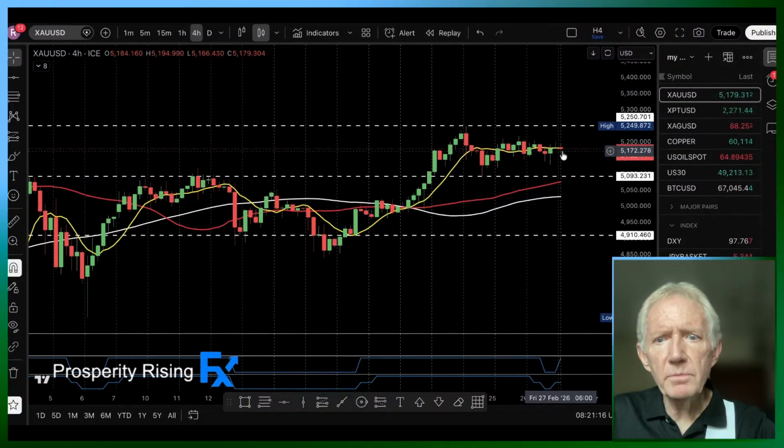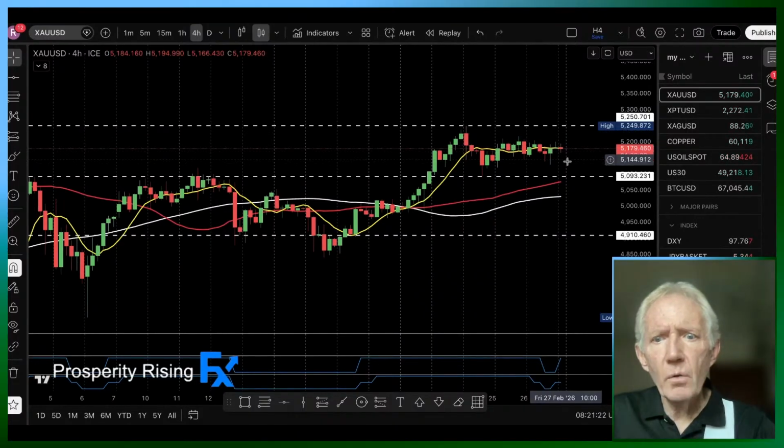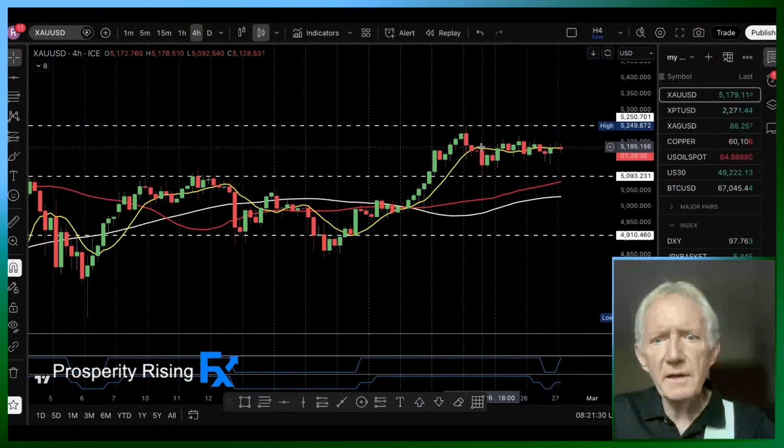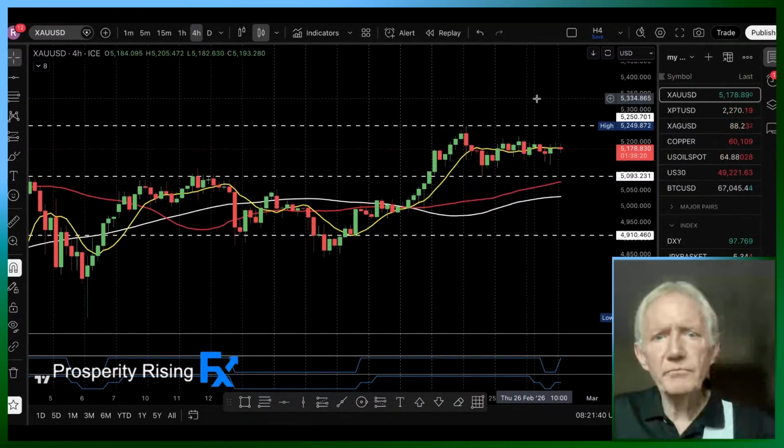So we might come up today and trade at this high that we've had during the week, 52.49, or we might come down to the low of 50.5093. But it hasn't done that even for the last yesterday and day before. It's just a really, really tight range. So we're kind of waiting on a breakout.